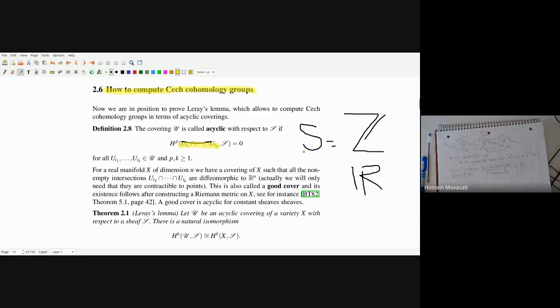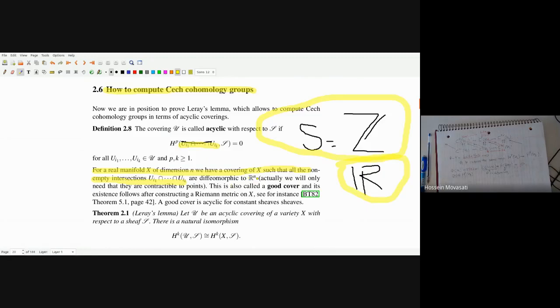So let's return to our main examples, which are the constant sheaves Z and R. I will use this statement for a manifold X of dimension n. We have a covering such that all the non-empty intersections are diffeomorphic to R^n.